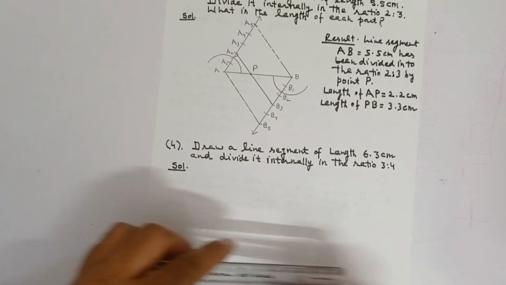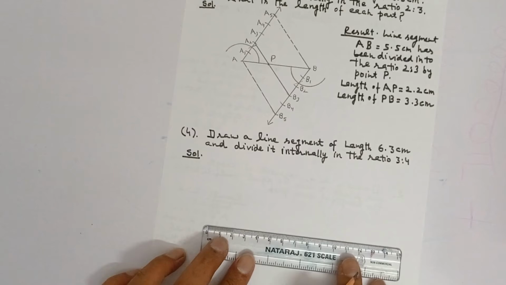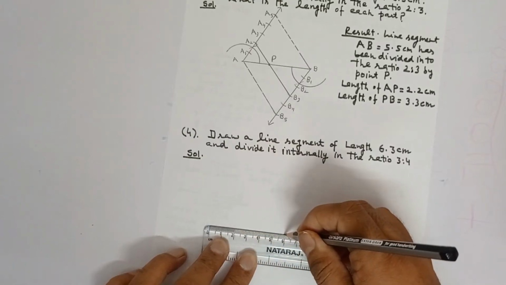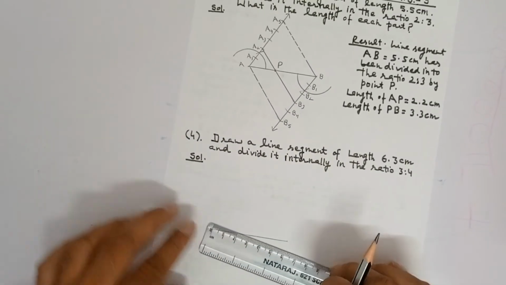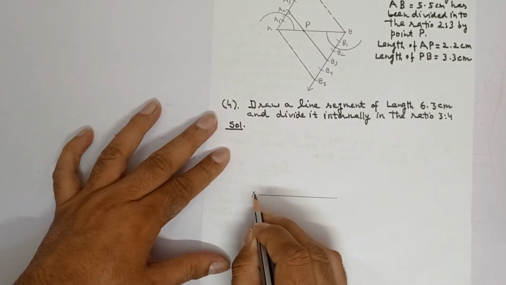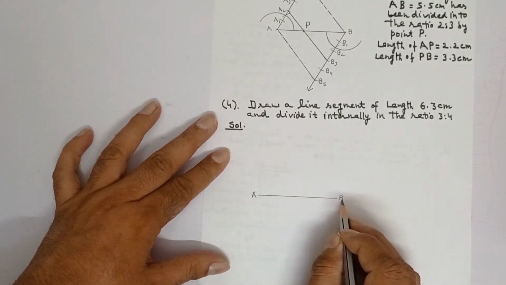Now a 6.3 centimeter line segment is to be taken. I can name it AB. You may name it PQ, anything.